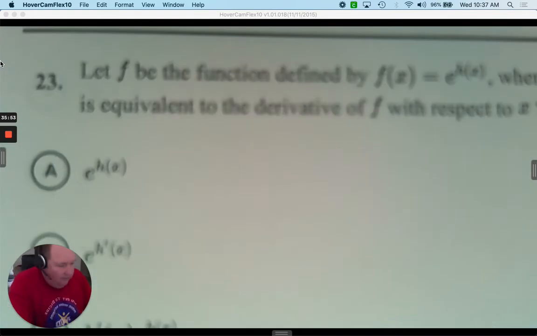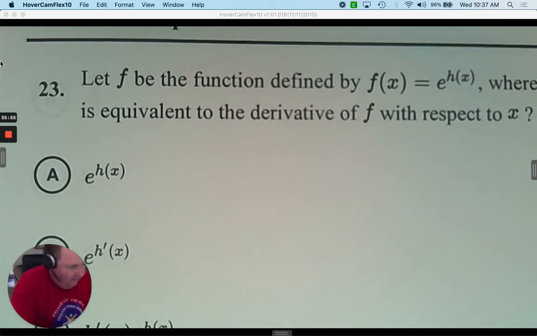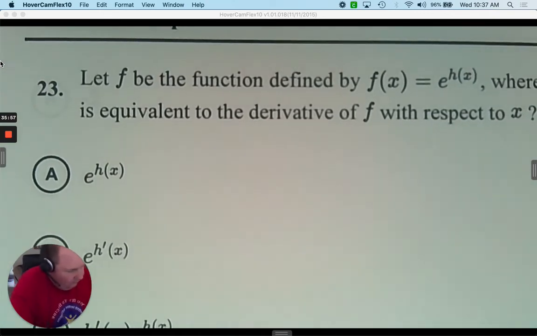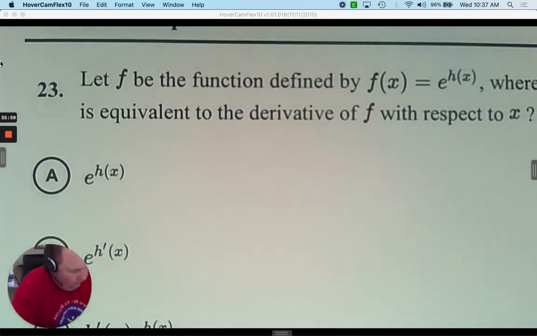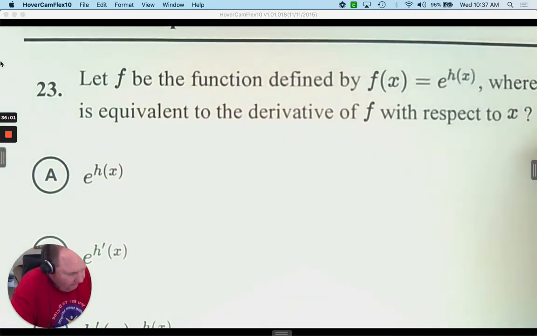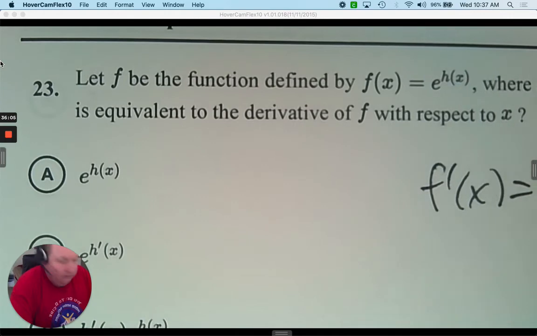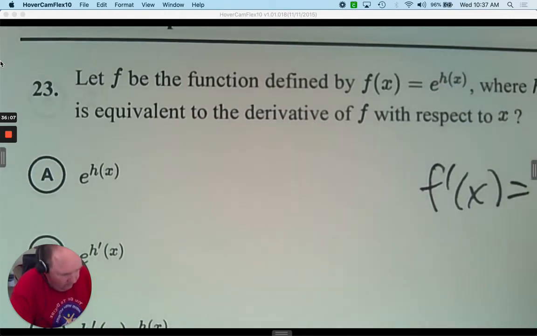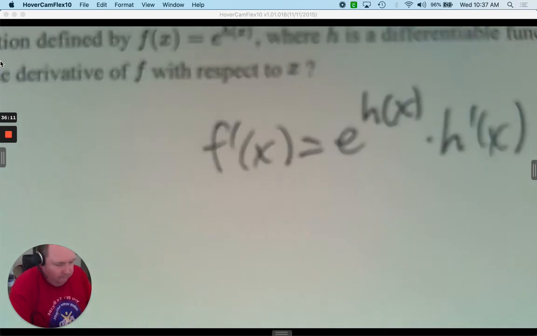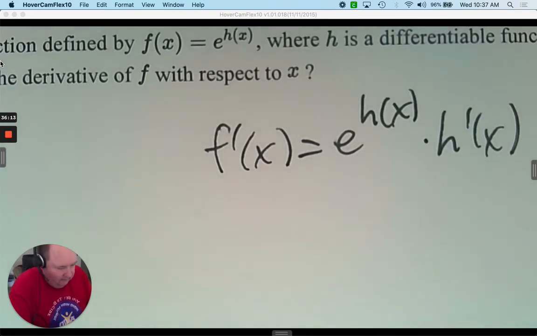In number 23, let f be the function defined that way, where h is a differentiable function. Which of the following is equivalent to the derivative of f with respect to x? So the derivative here is copy it times the derivative of the exponent. So which one would be e to the h times h prime at x?